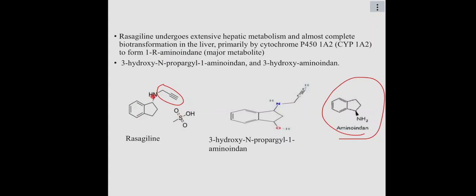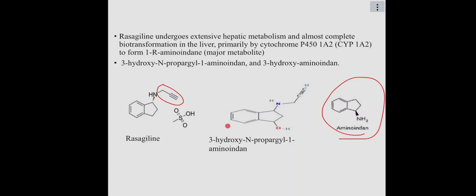Also, this compound can undergo oxidative hydroxylation, mainly of the cyclopentane ring. This is basically because of that nitrogen. That nitrogen will push electrons into the system, and that carbon can have some negativity and easily undergo oxidative hydroxylation.